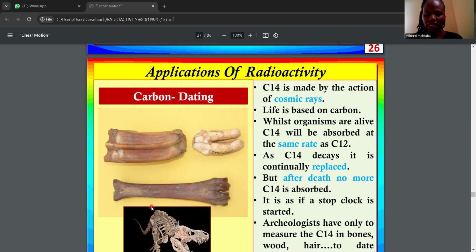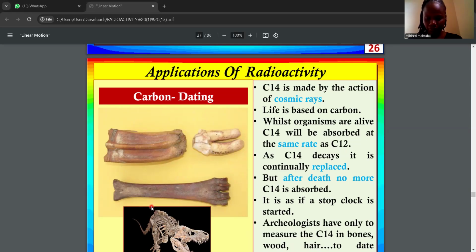So we who are living absorb some carbon. We absorb some carbon from the cosmic rays, and this carbon that is absorbed from the cosmic rays is C14. But on dying, the C14 will no longer be absorbed, so it will undergo decay. C14 undergoes decay after we do what?